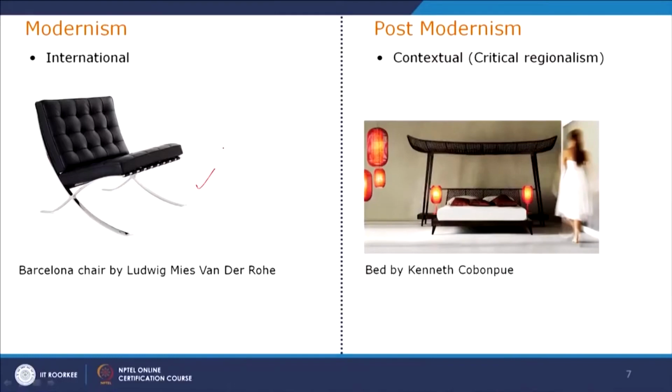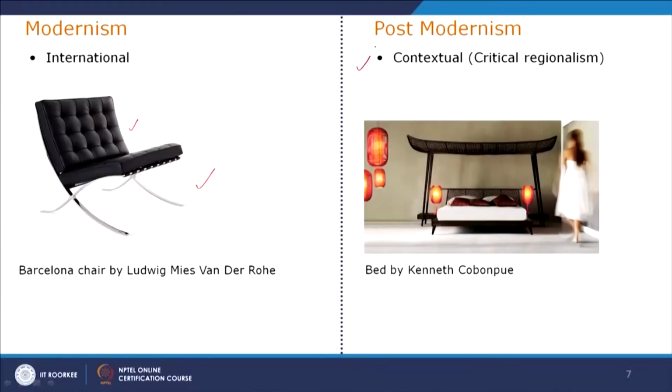Now, in the internationalist approach, a particular design can fit any context. This is the Barcelona chair by Ludwig Mies van der Rohe, and it does not have any contextual depiction of a particular region. It's not region specific; it's an international design which can be there across boundaries.